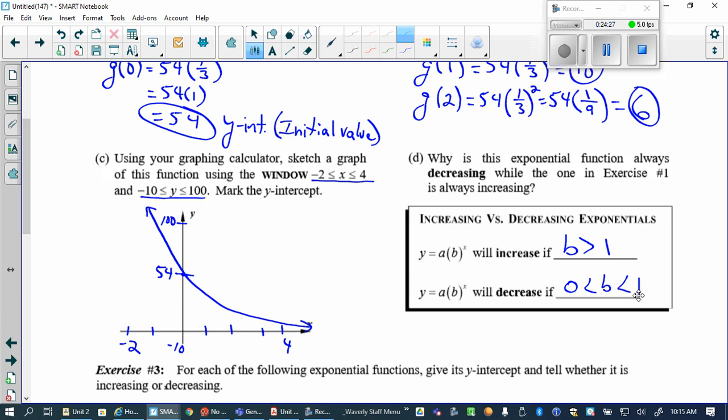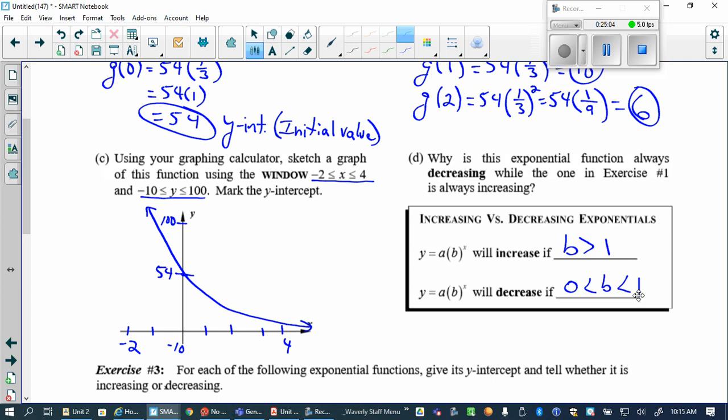The b is the thing you're multiplying some starting quantity by. So why does it not make sense to be 0? What happens when you multiply a starting quantity by 0? It becomes 0. It just stays at 0, no matter how many times you multiply. So we don't include 0 and we don't include 1.